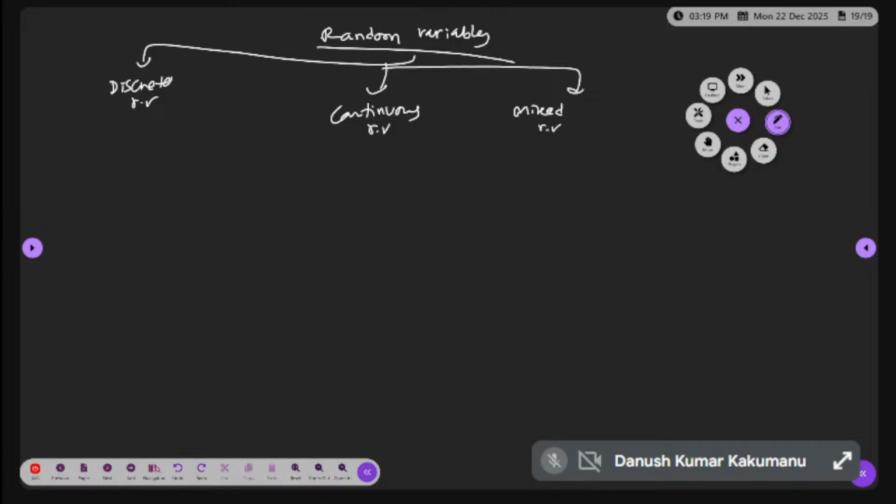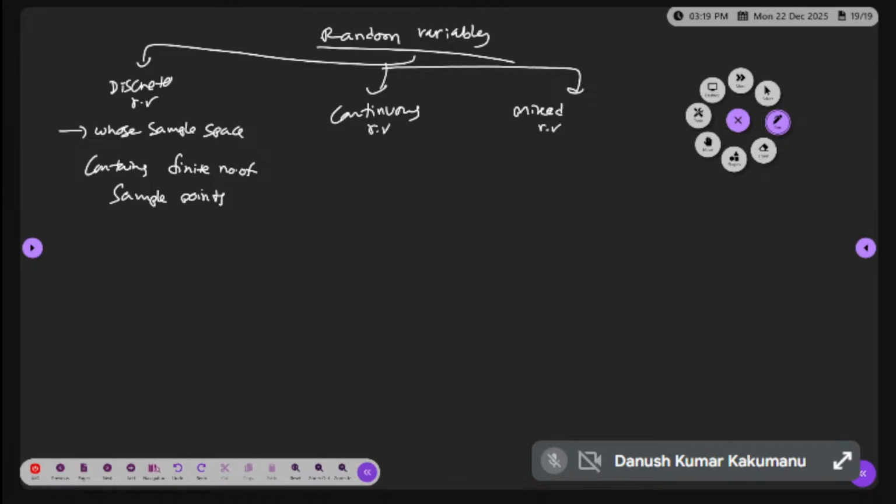Discrete, continuous, mixed. Discrete random variable means what? Whose sample space contains a finite number of sample points.